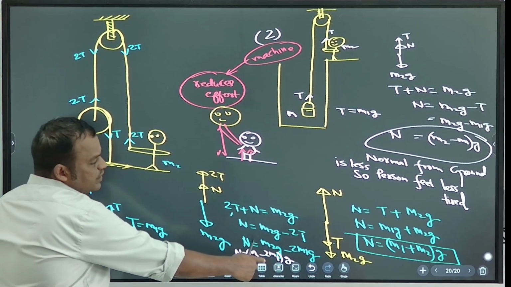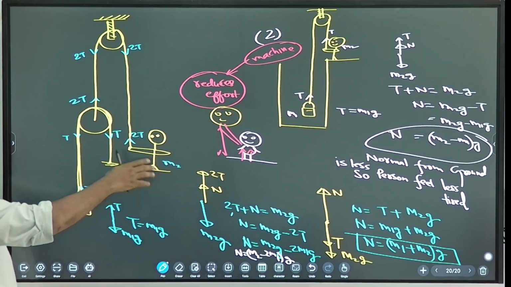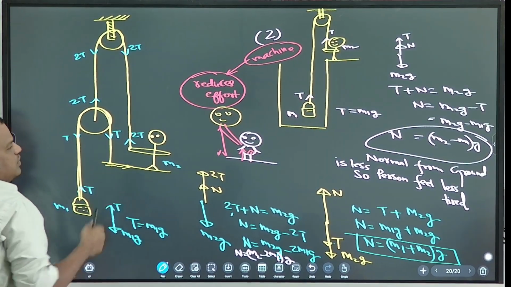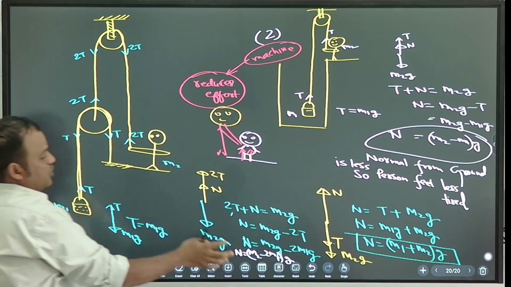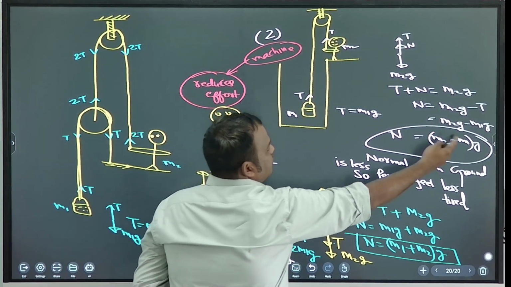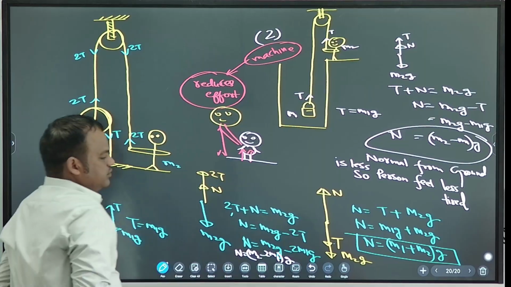Normal is decreased here. So it will feel more tired or less tired than this? Less tired, because normal is less. Here normal is m2 minus m1 into g. Here m2 minus 2m1 into g.